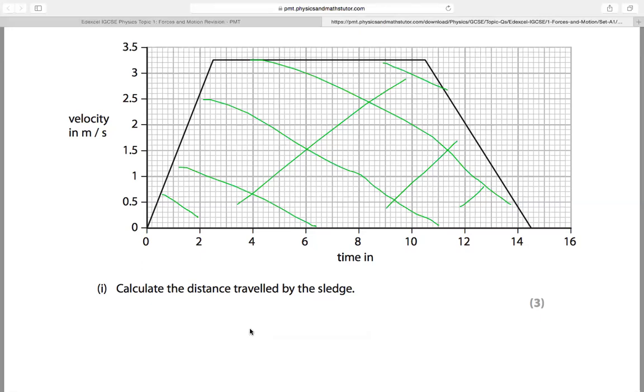Okay, everyone try. Divide it into 3 shapes and then you calculate each area. Area of a triangle is half times base times height. For a rectangle or square it is base times height. And another triangle here is half times base times height. So that's how you calculate the area.